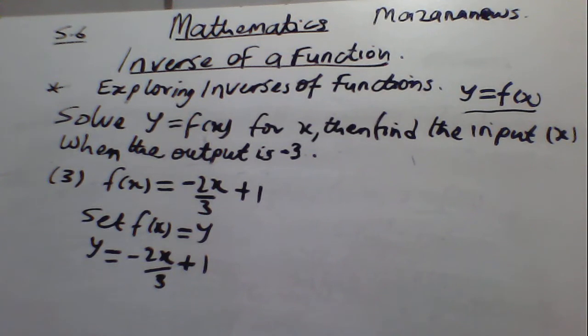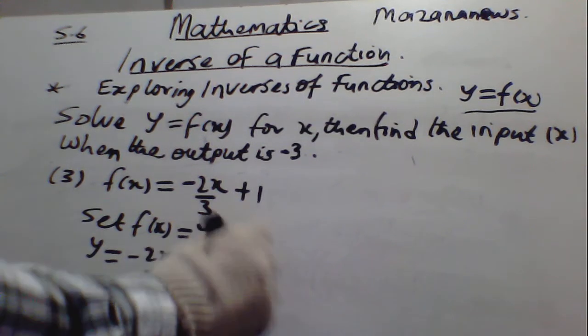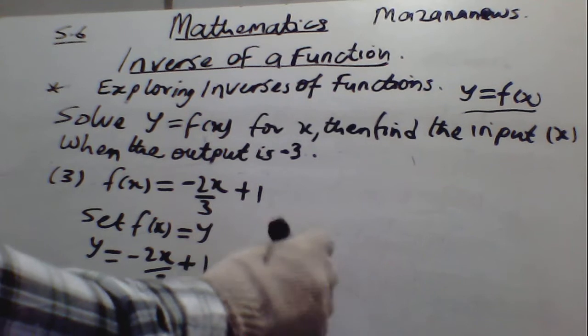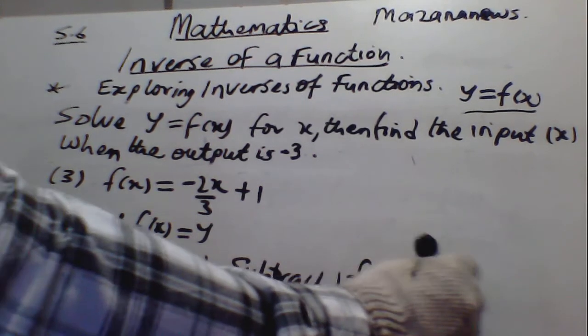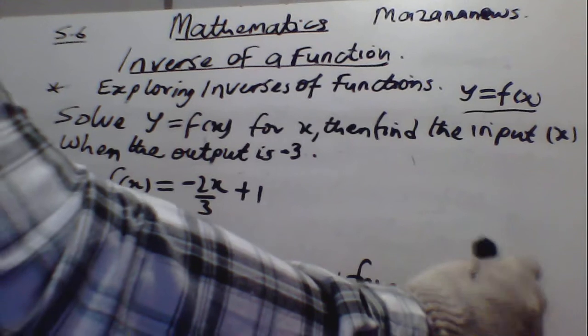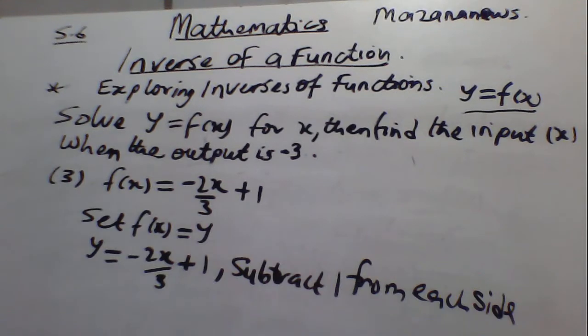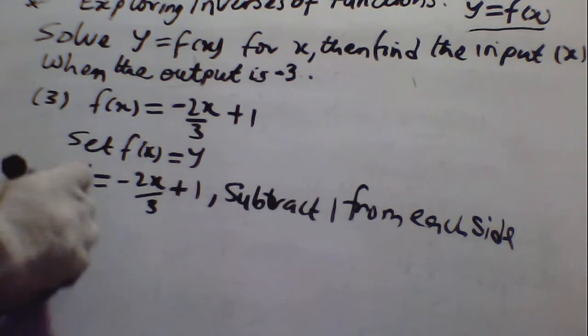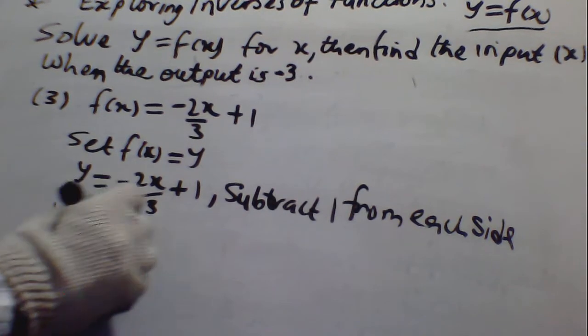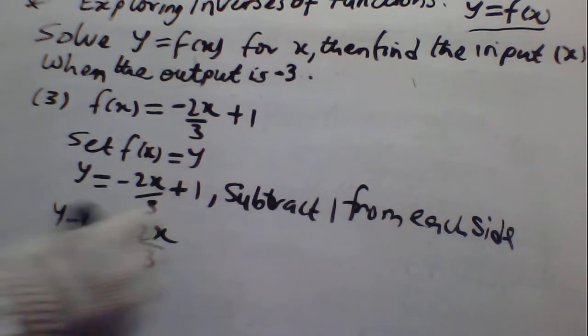So once you do that, you subtract 1 from each side. This gives us y minus 1 is equal to minus 2x over 3.